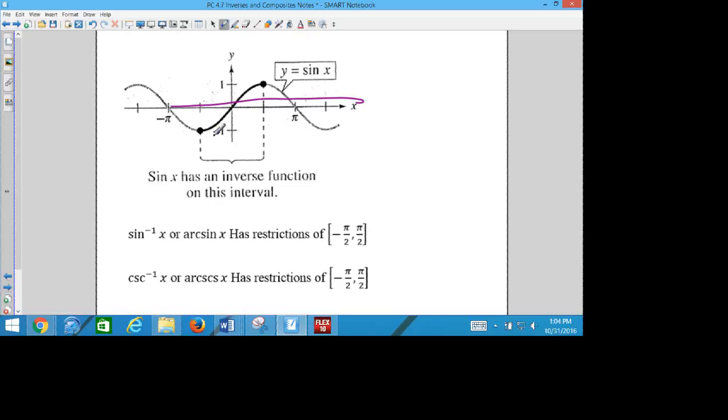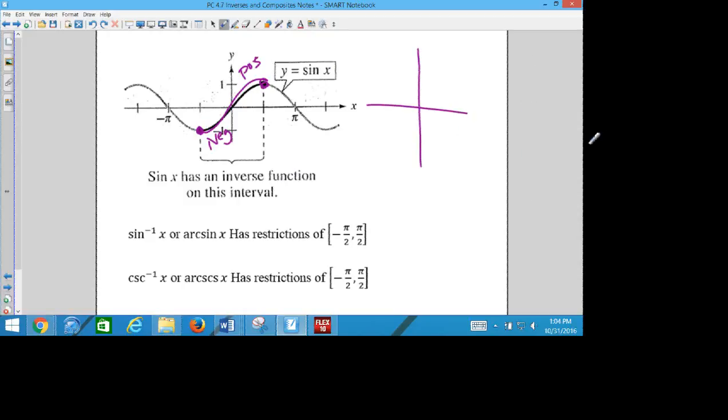So what we have to do is restrict the domain to only use that portion. And the reason why we're choosing only that portion is because we have y values that are positive and y values that are negative within that domain.